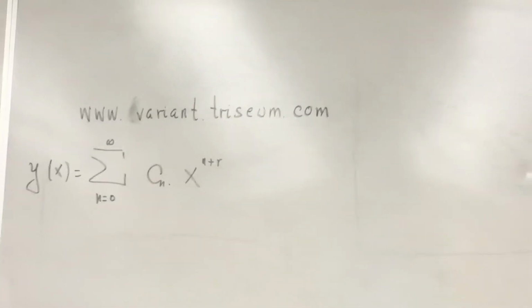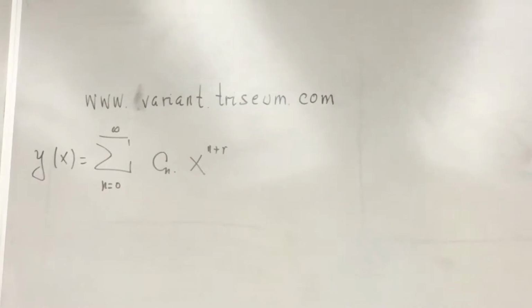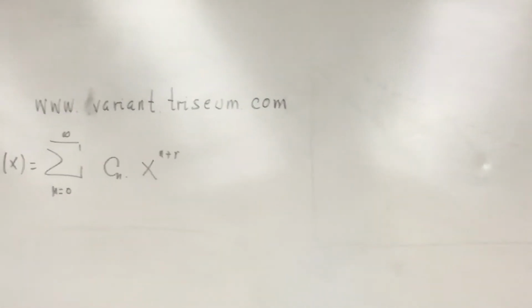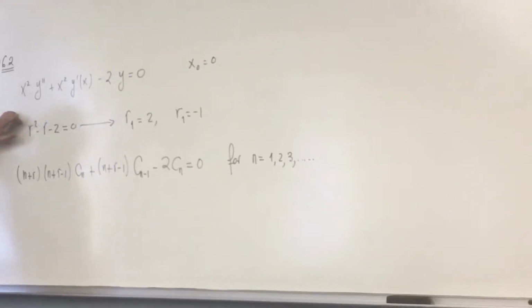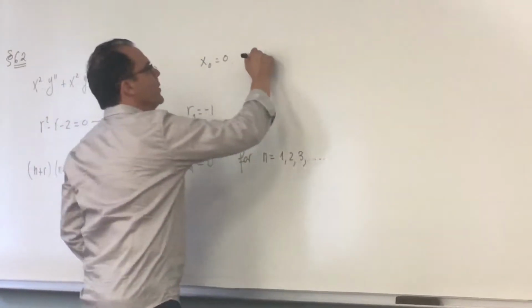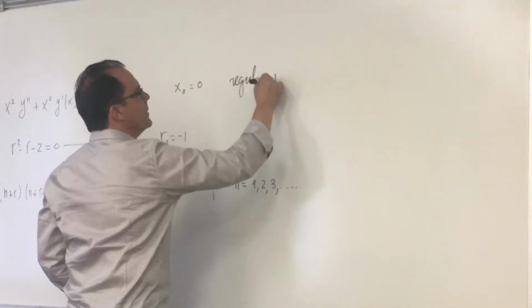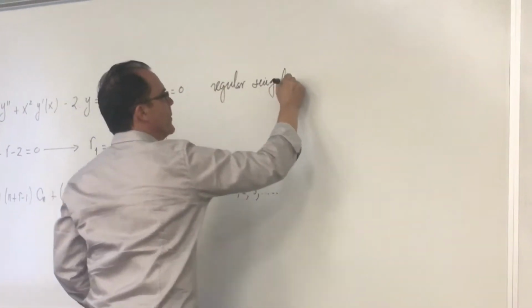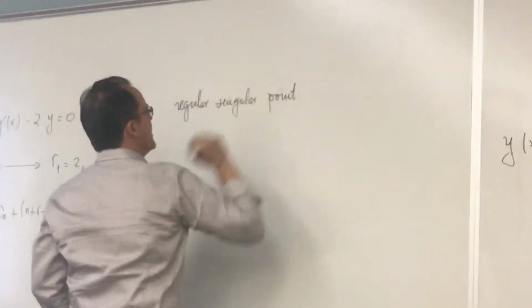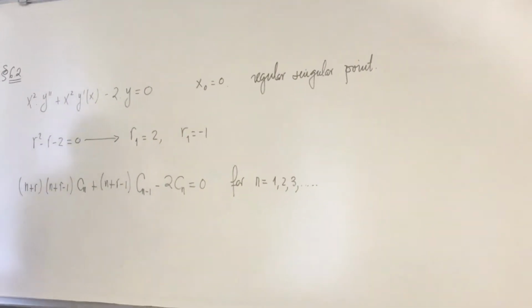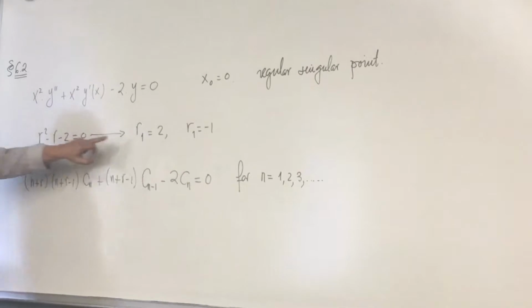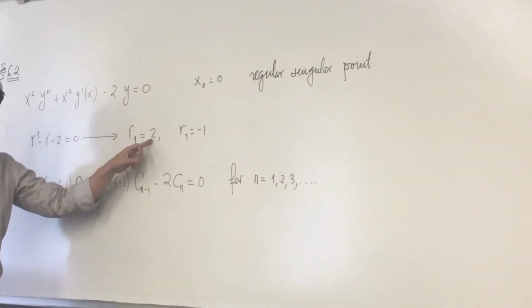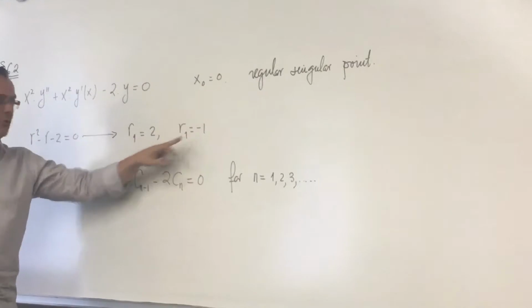So, in order to find the two linearly independent power series solutions, y1 and y2, in the case of a regular singular point, remember the definition we gave last time, then the method of Frobenius applies. You always end up with a quadratic equation that gives you two values of r. In this case, we get the largest, r1, and the smallest, r2.